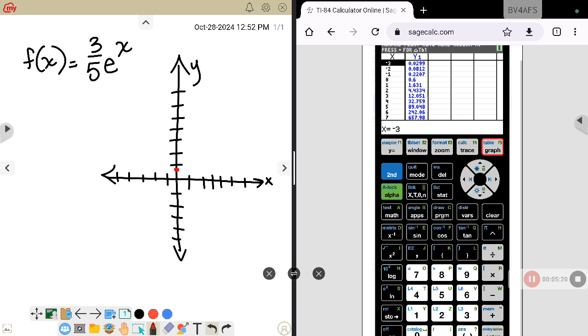To the right 1, up 1.6. So these are going to be approximate. To the right 2, up 4.4. And then when your x's go negative, so when x is -1, the y is 0.2207. So again, it has that exponential shape.